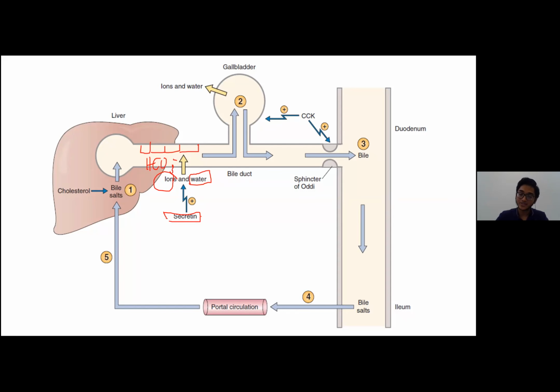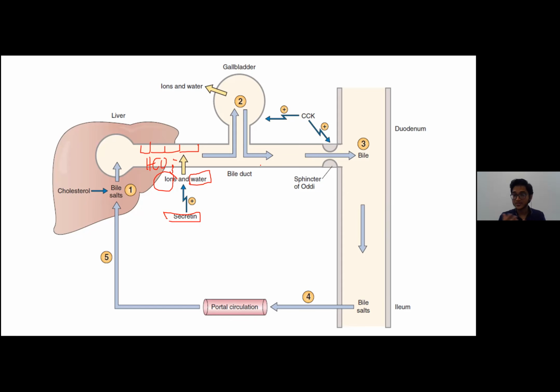But for now, you just know that secretin is a negative feedback loop. Do you know what cells release secretin? Does anyone know? S cells. And in response to what? Acid. Yeah. So secretin, you can basically think of as a negative feedback loop.